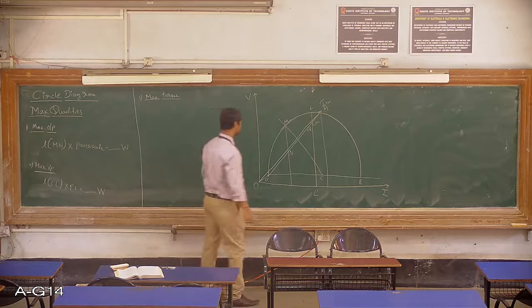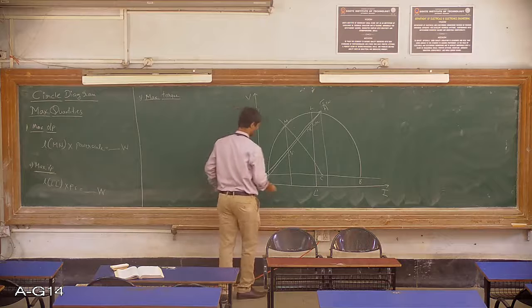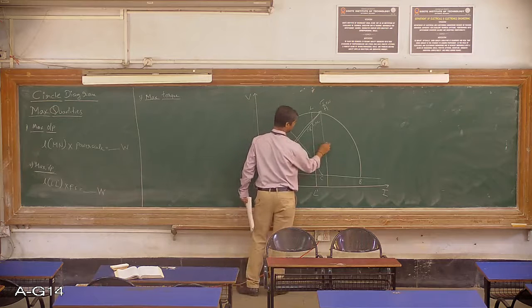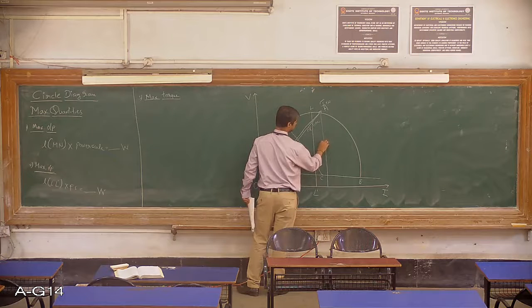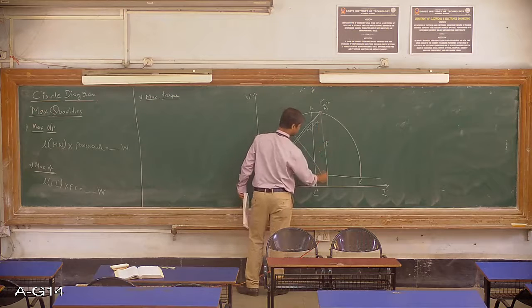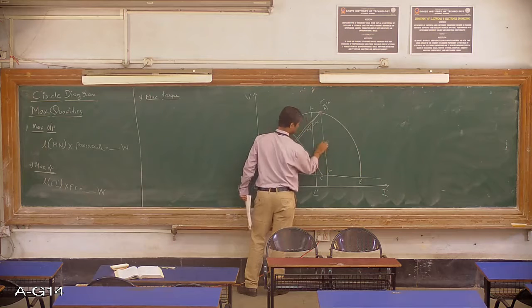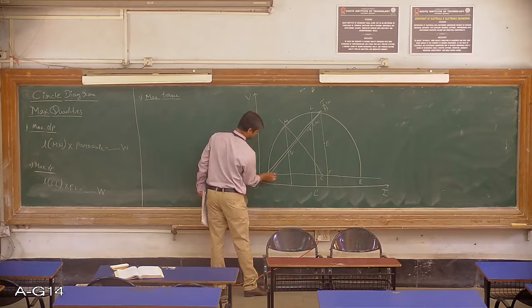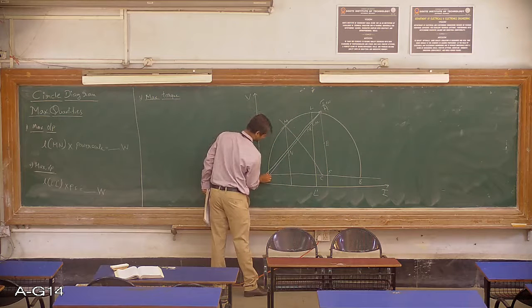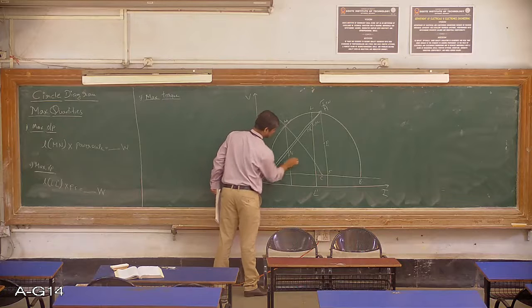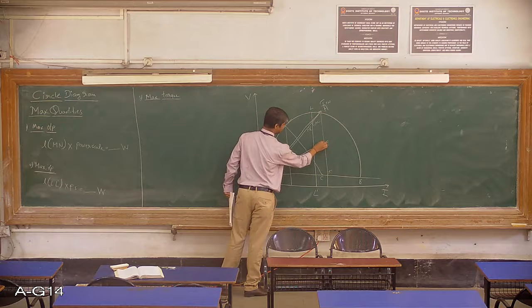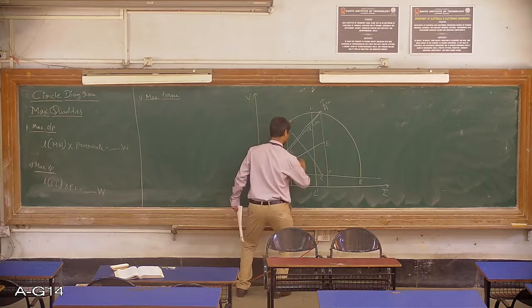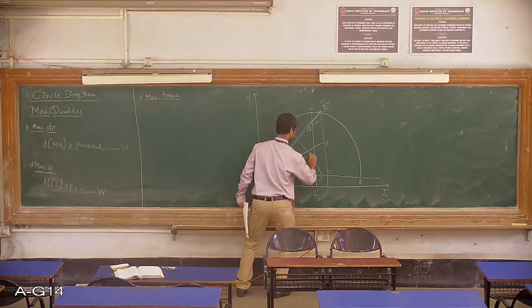After calculating the point E using the ratio AE by EF, we can mark the point E on this line and join the points O dash and E. This is our torque line on the circle diagram.